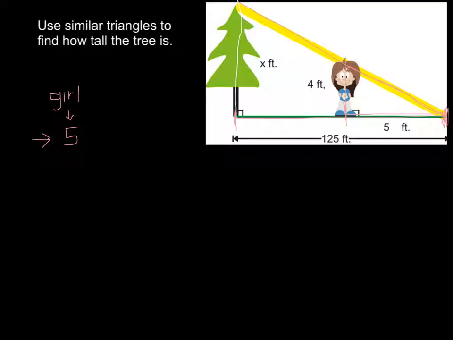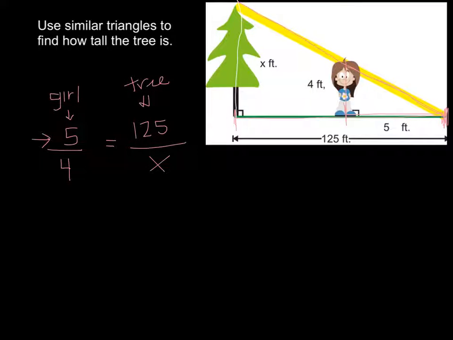Her shadow is 5 feet, and that's proportionate to the 125 feet shadow of the tree. So you can see our relation for the numerator is the shadow. Now the relation for the denominator is going to be the actual height. The girl's actual height is 4 feet. The tree's height, we don't know. Okay, so here's the tree.